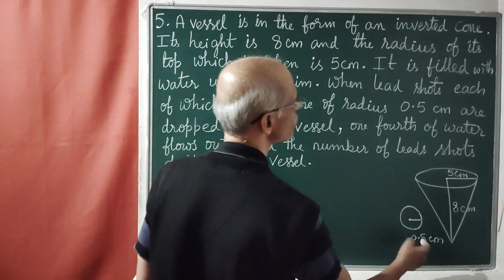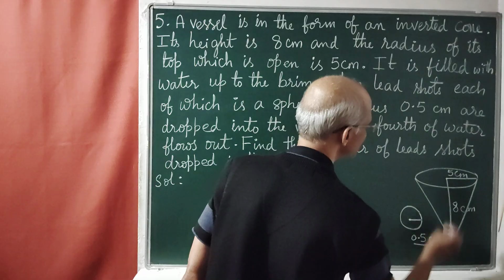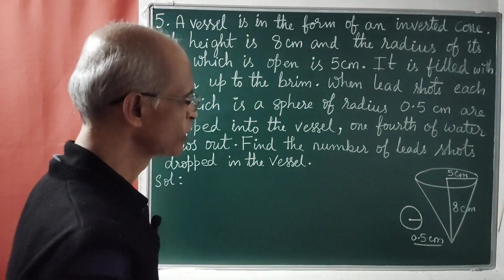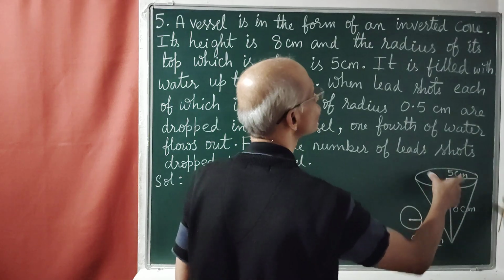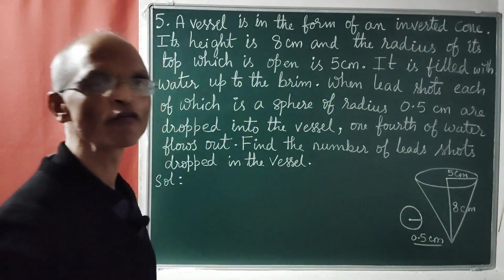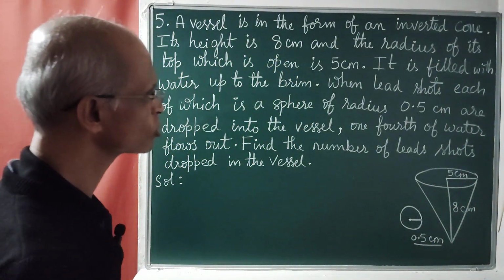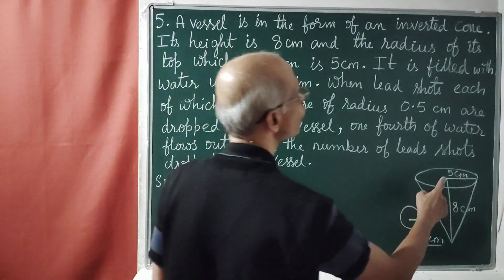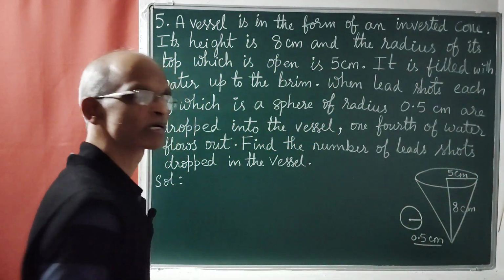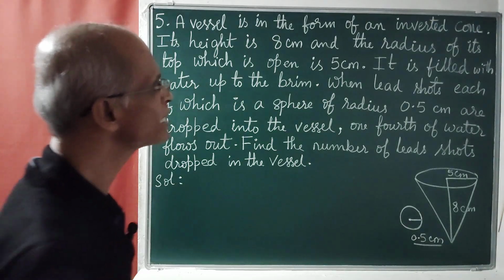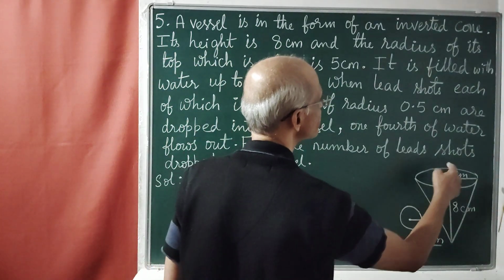They are given the radius. They have dropped some shots in this cone. When they drop the lead shots, 1/4 of water came outside. Now we have got to find out how many lead shots were dropped in the vessel.